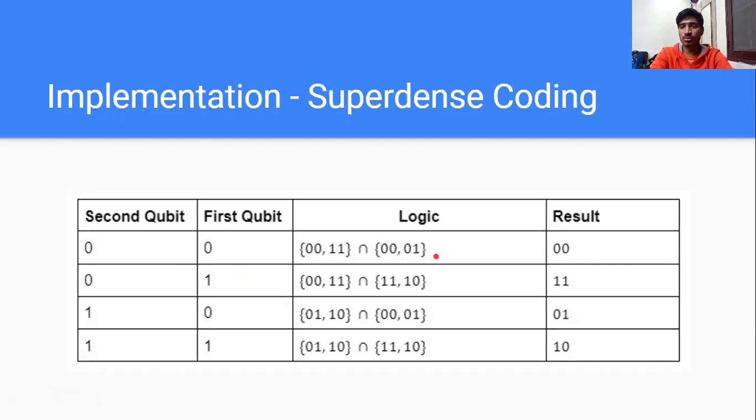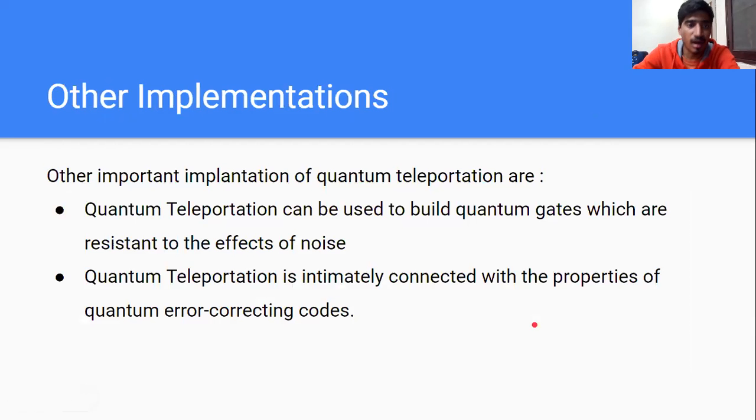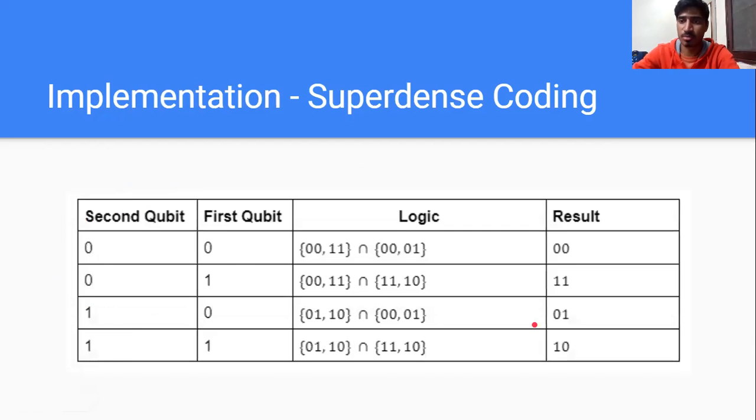So in order to decode the information which Alice wanted to share with Bob, he has to take the intersection of these two sets, and the intersection is the result which Alice wanted to share with Bob. Similarly, we have these situations, and we can have a look at this table. So this is super dense coding.